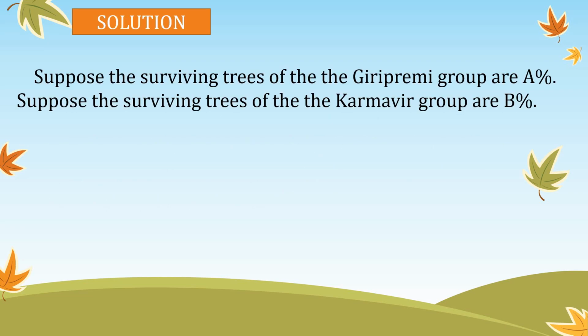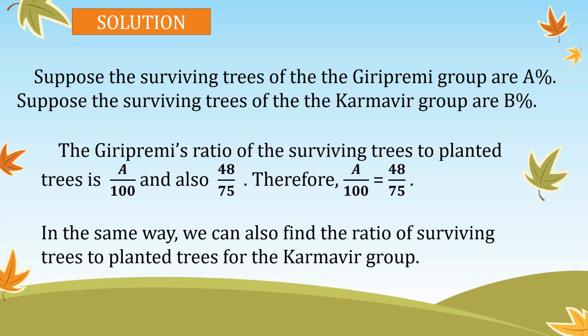Suppose the surviving trees of the Giri Premi group are A% and the surviving trees of the Karmavir group are B%. So, the Giri Premi's ratio of the surviving trees to planted trees is A upon 100 and also that is 48 upon 75.